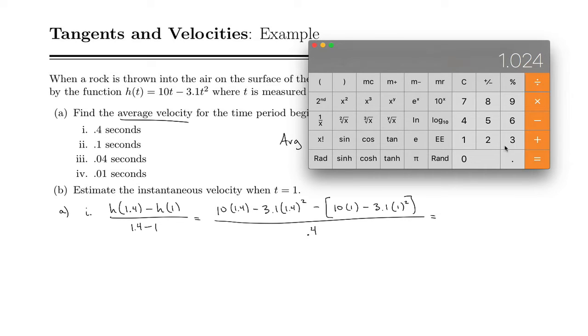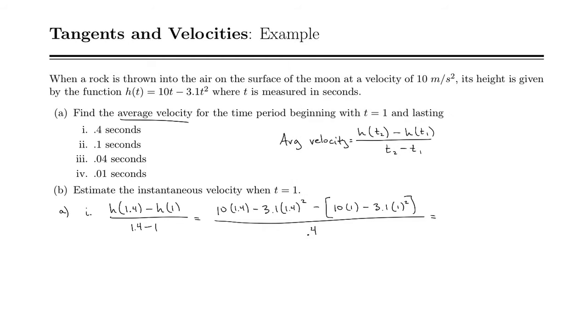And we take that and we'll divide by 0.4. All right, 2.56. Okay, and let's put our units on this. We're looking at t's in seconds, and we've got here meters. So this is meters per second.